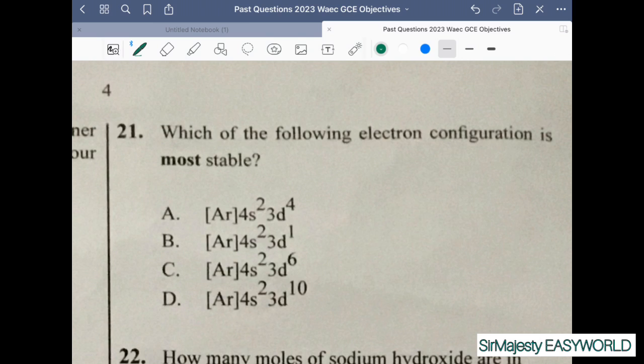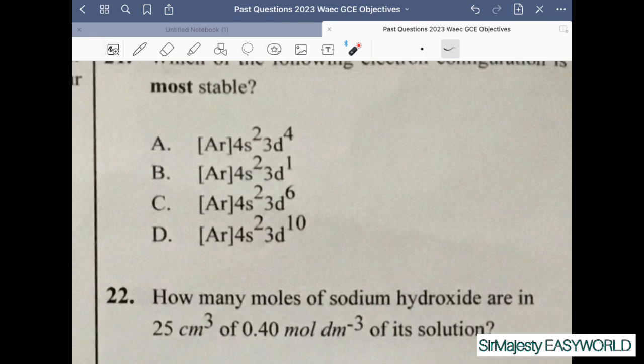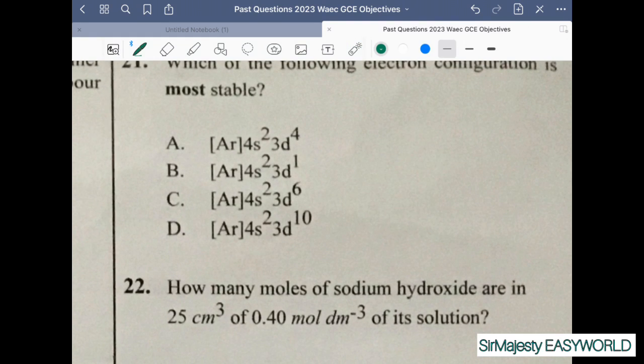Because the whole configuration ended in d, and there is no noble gas whose configuration ends in d. So what do we do here? We consider based on the d. In d, there is a special stability with d5 and d10, and the only thing we saw here is d10, so it should be that of D.